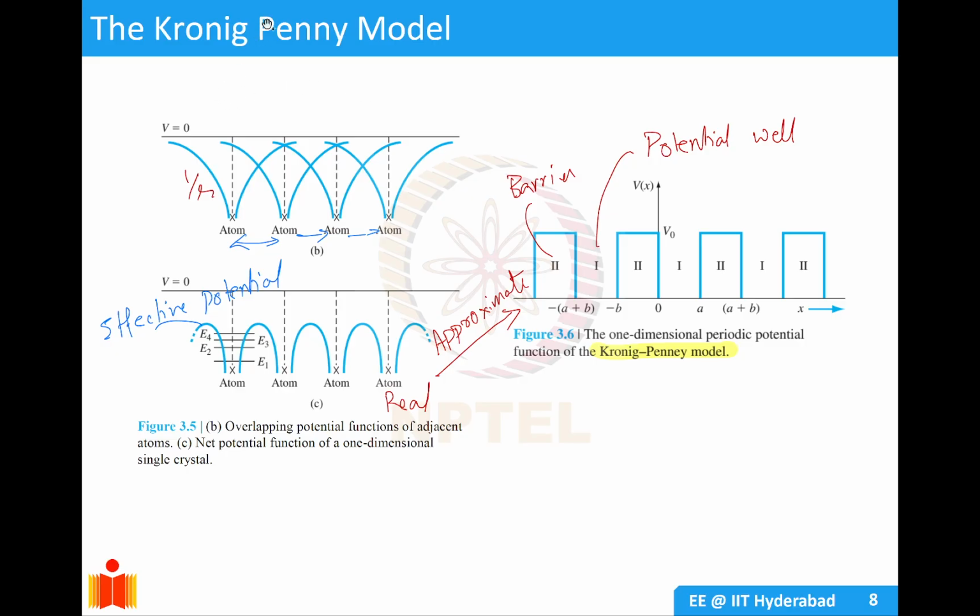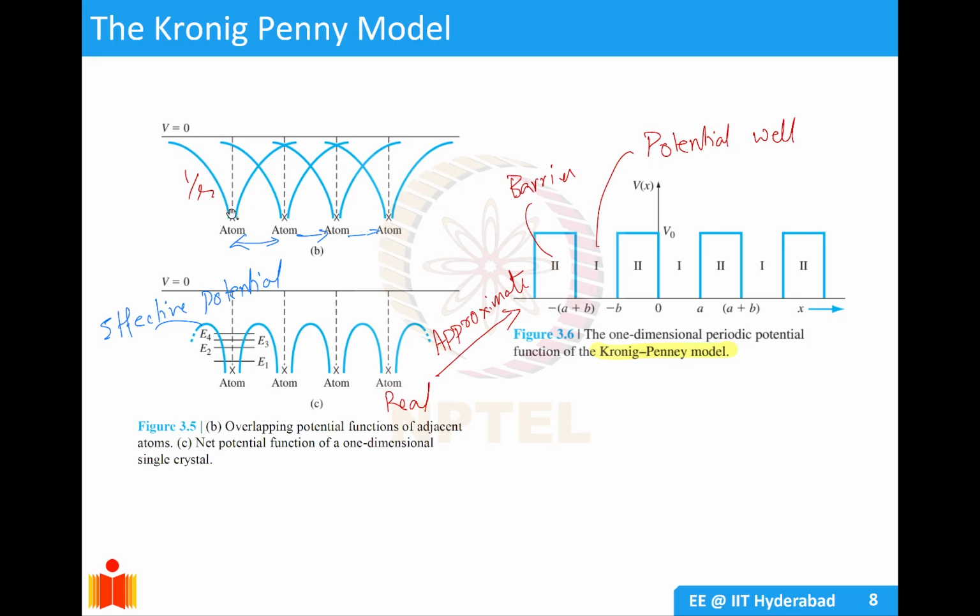And now we come to the Kronig-Penney model, which gives the motion of electrons in a crystal lattice. We assume that each lattice point is a potential well due to the nucleus.